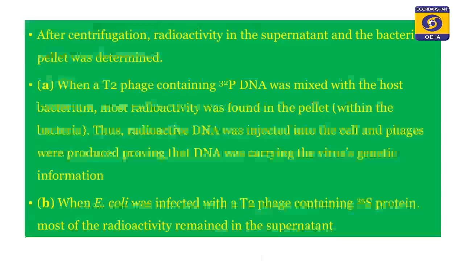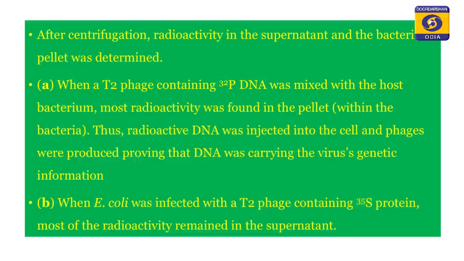So, radioactivity in the supernatant and the bacterial pellet was determined, that I have already told you. When T2 phage containing P32 was mixed with host bacterium, most radioactivity was found in the pellet, that we went on discussing.